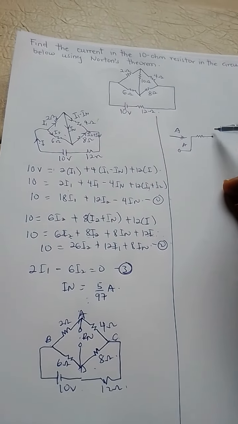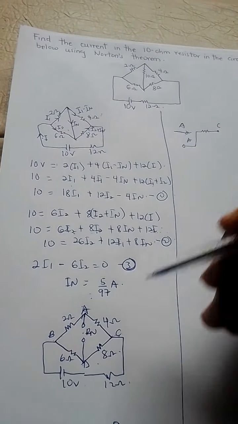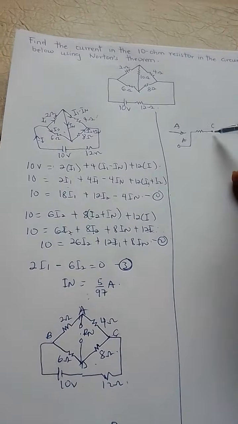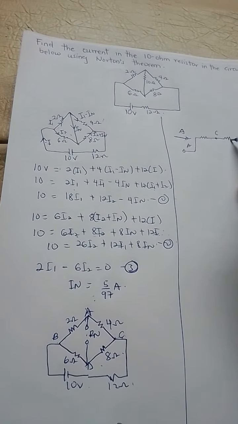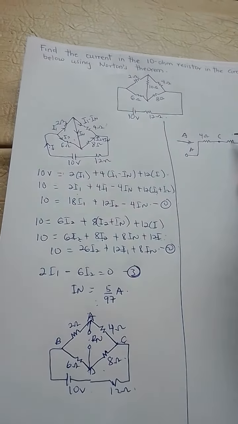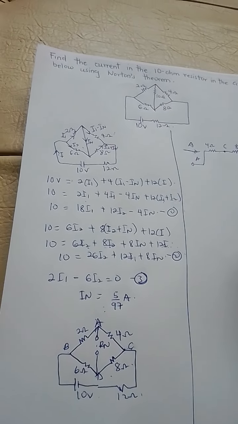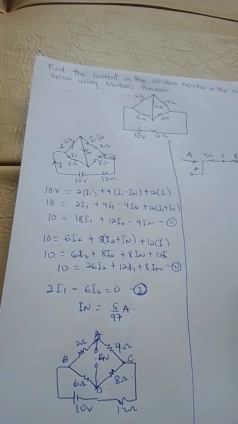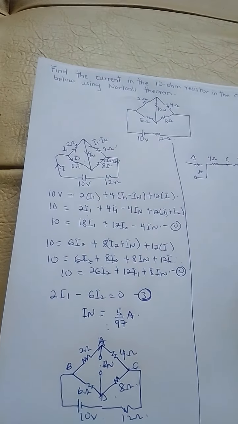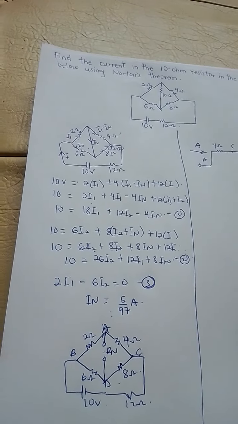I'll make this C, and that is a joint here. From C, we have C to D. I have another resistor, and here is my 8 ohms. So up to D here. Then from D, I have D to B.